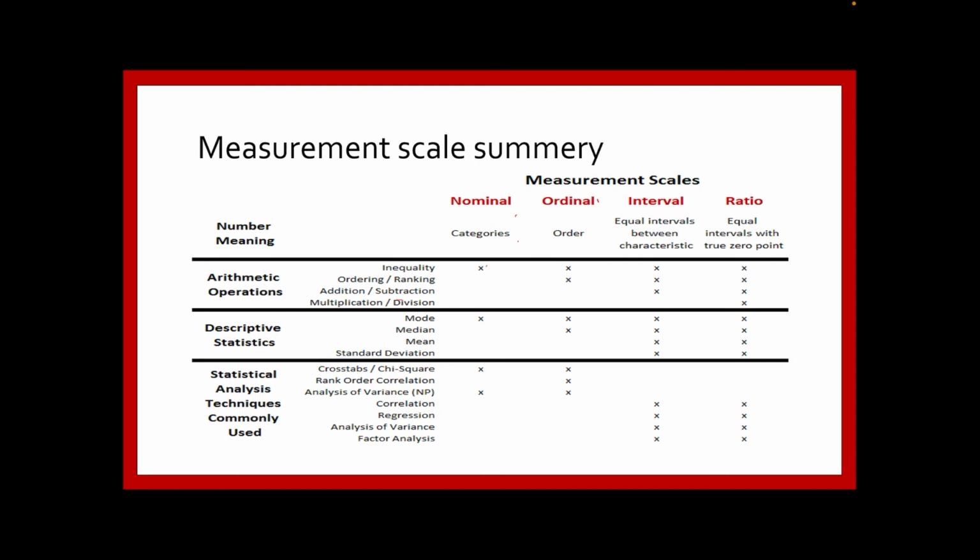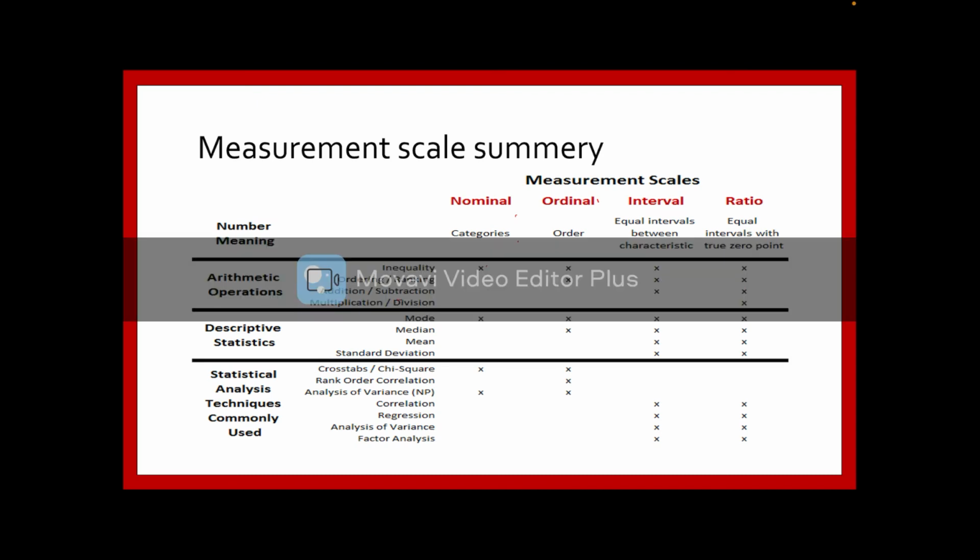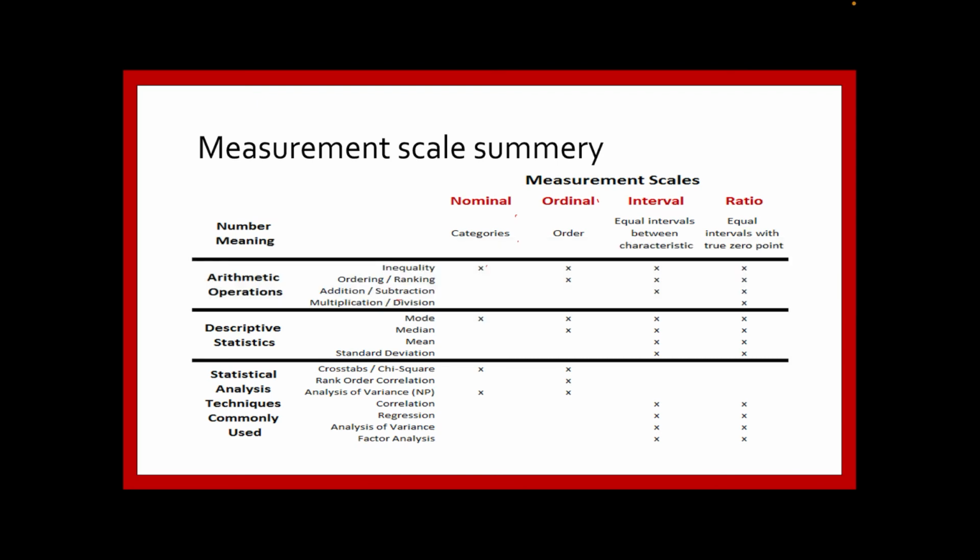For interval, there are equal intervals between characteristics, so we can use inequality, ranking, addition, subtraction. For ratio, we can use inequality, ordering, ranking, subtraction, addition, multiplication, division. All the mathematical operations can be used with ratio.